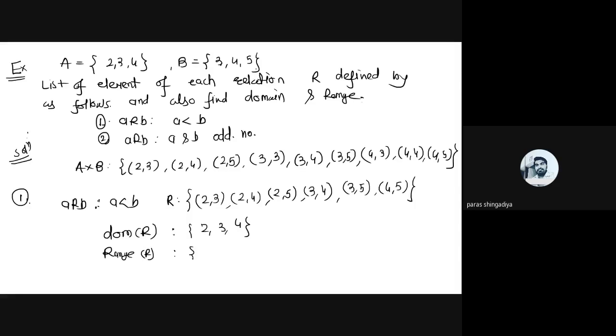And then the range is equal to 3 and then 4, and 5 is repeated 3 times, 4 is repeated 2 times, so consider each one time. 3, 4, 5 is the range, and 2, 3, 4 is the domain. So that is the solution of the first one. And now in the second one, A R B, where A and B are odd numbers.